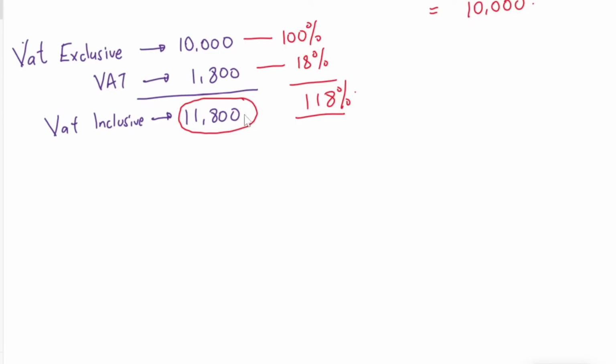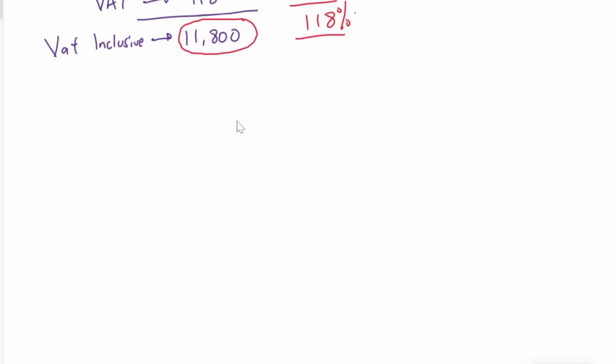Now I want to split this figure. I know that this VAT inclusive figure, 11,800, includes VAT, so it is represented by 118%.